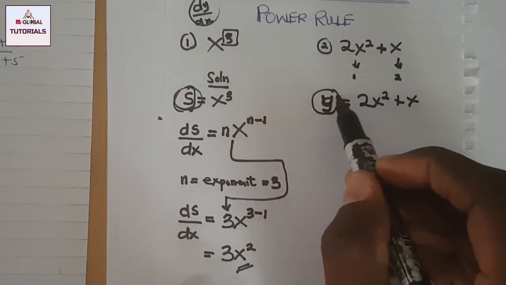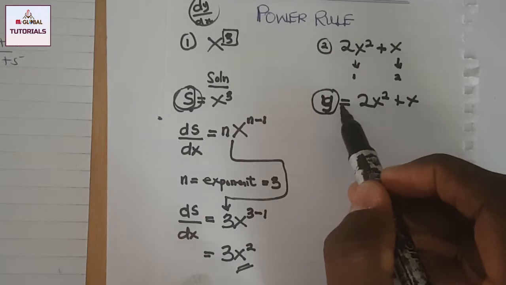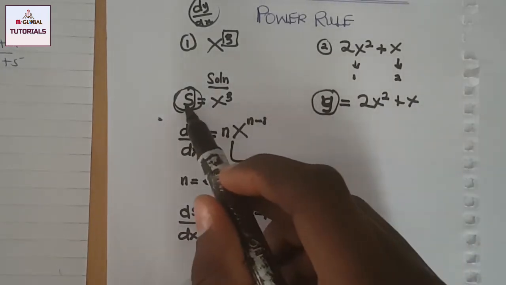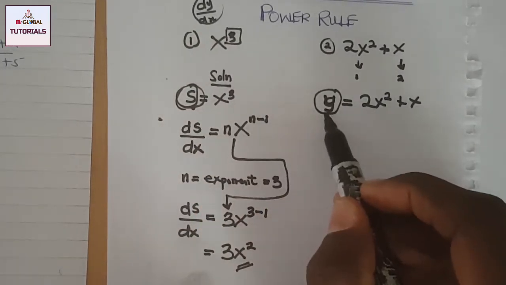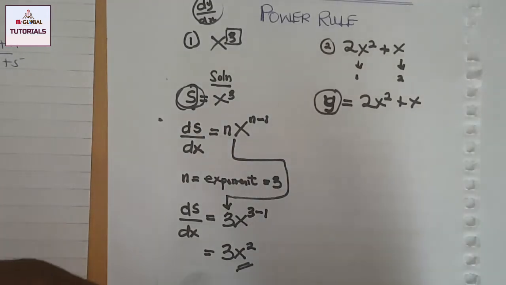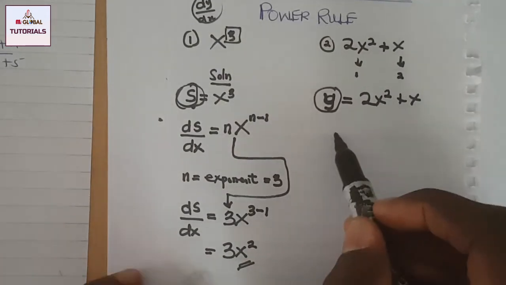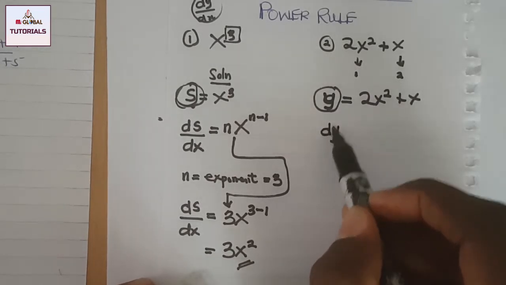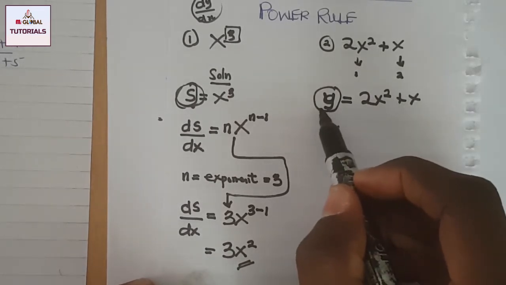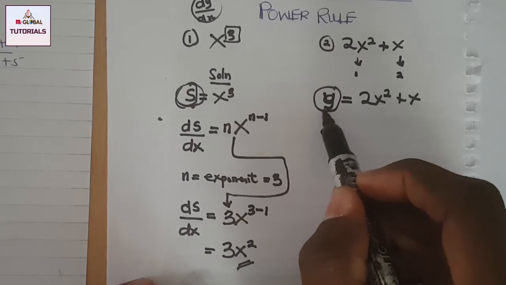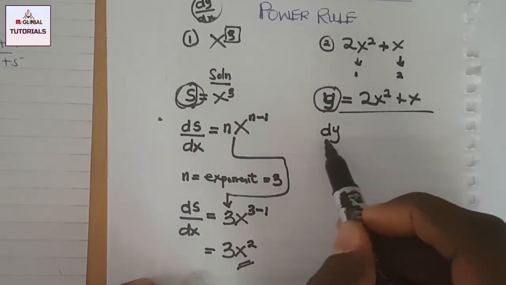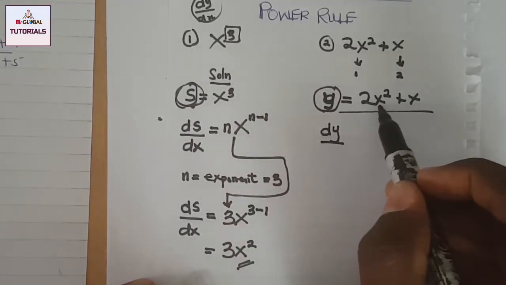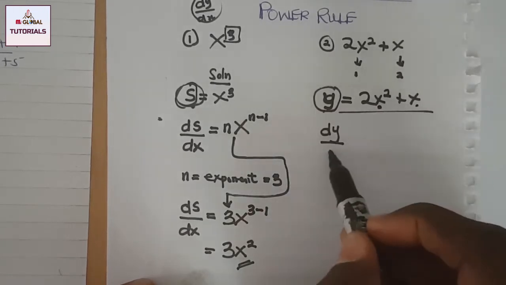This means you can change to x, to y, or to any variable, depending on the one given. Since the main function is for y, we write dy over dx, where the independent variable is x.